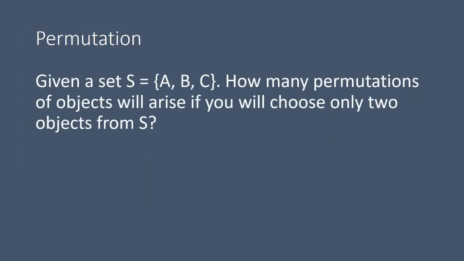Given a set S, how many permutations of objects will arise if you will choose only 2 objects from set S? Again, in the first stage of the experiment, you will write down the first letter and you have 3 possible choices there, 3 possible outcomes, and so n sub 1 is equal to 3.